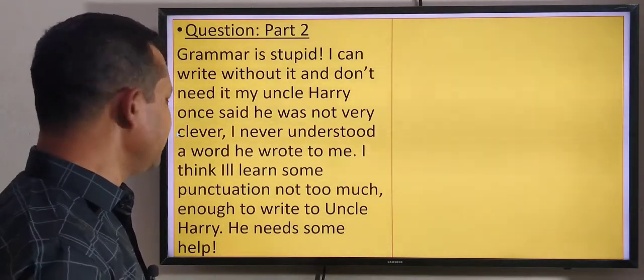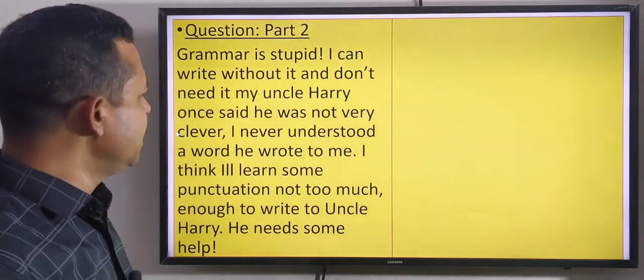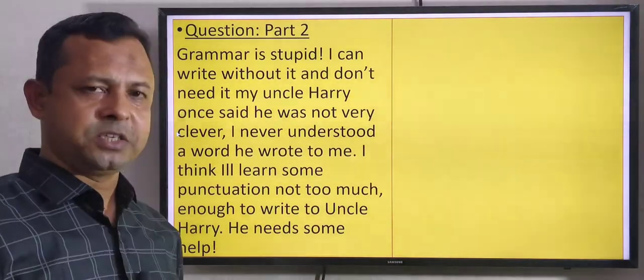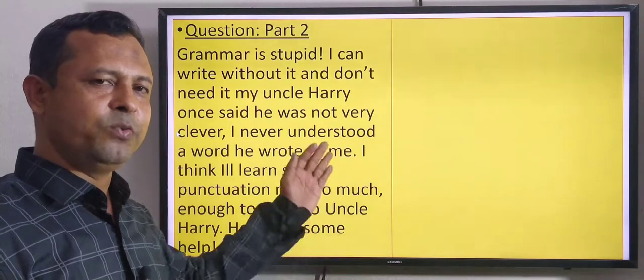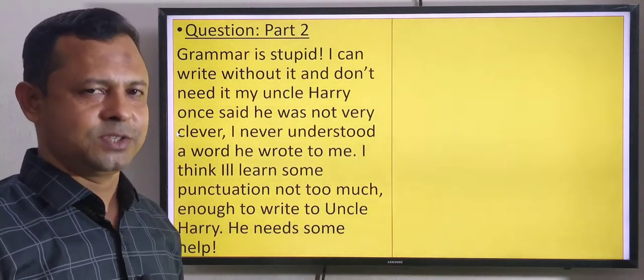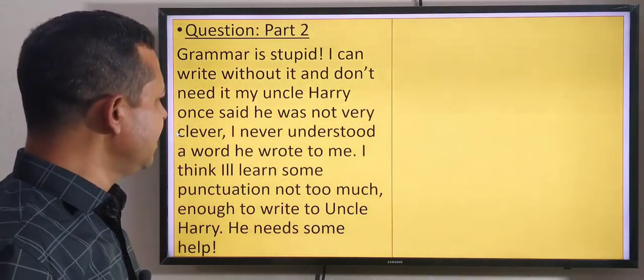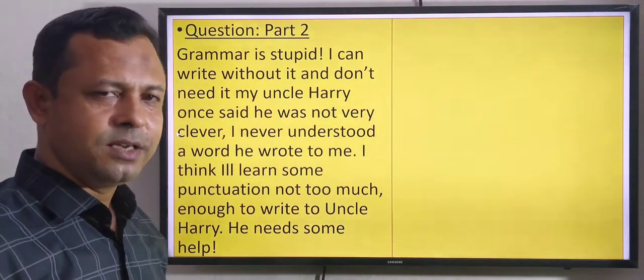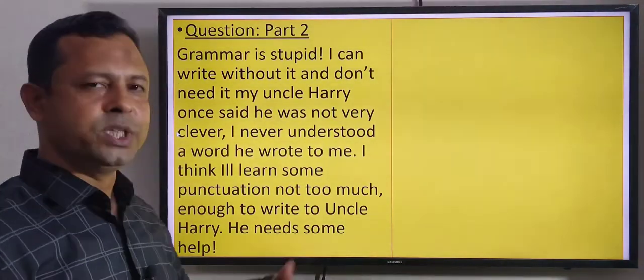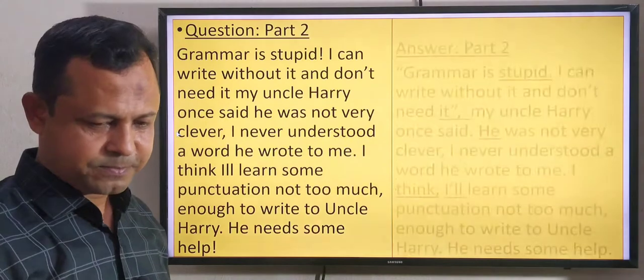He needs some help. If you look at the text very carefully, you will find many mistakes here. So let us find out those mistakes and make the due corrections.